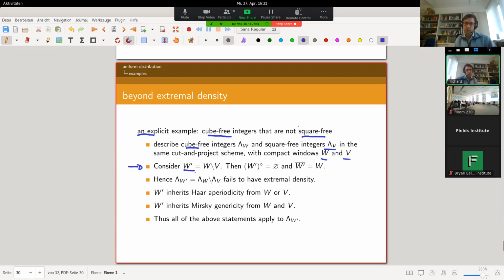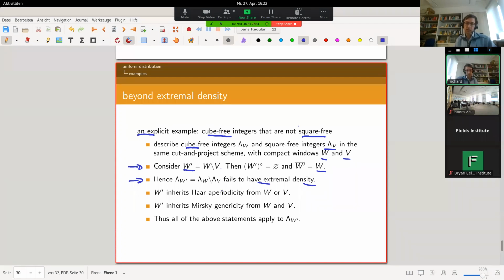So W prime is W minus V, and it turns out that the window W prime for this difference has empty interior. It's not so surprising, and the closure is actually the window of the cube-free integers. And this means that this model set fails to have extremal density.